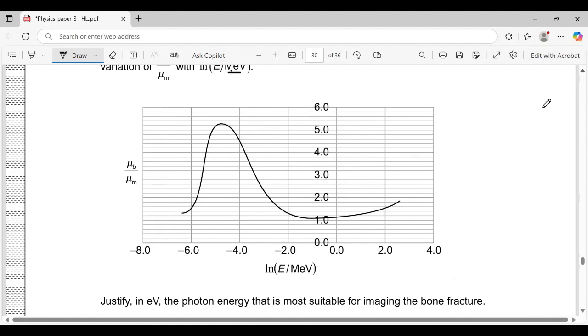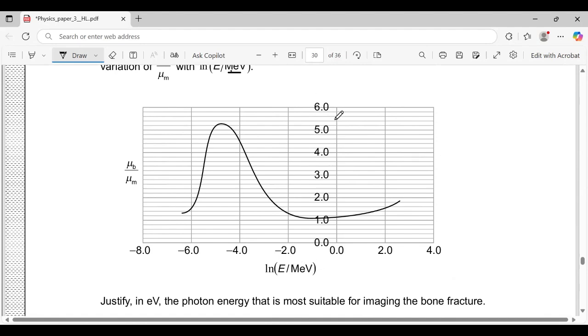According to this graph, the vertical axis is mu B over mu M, and the horizontal axis is ln E over mega electron volt.